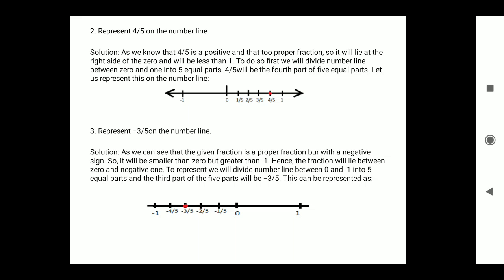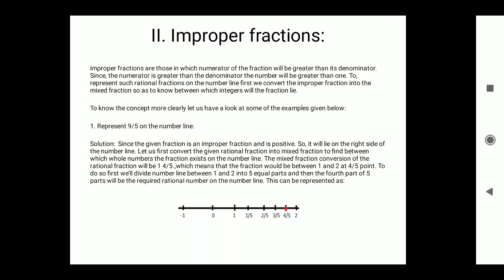Now improper fractions. Improper fractions are those in which the numerator of the fraction is greater than the denominator. Since the numerator is greater than the denominator, the number will be greater than 1.